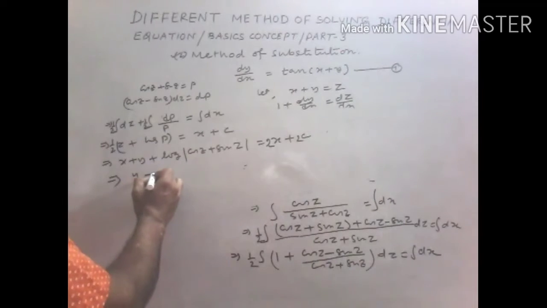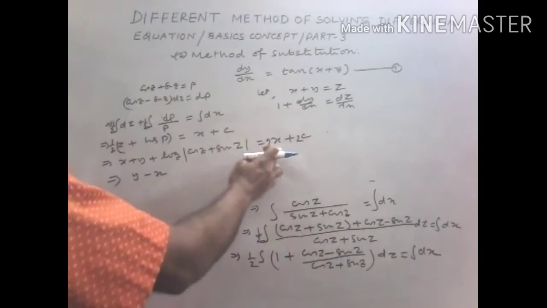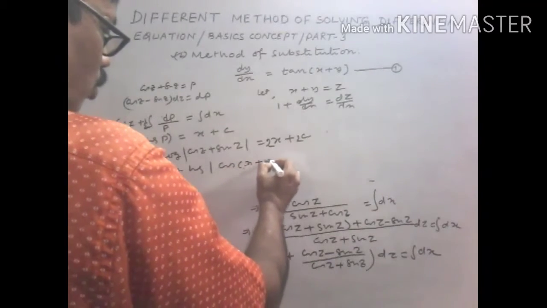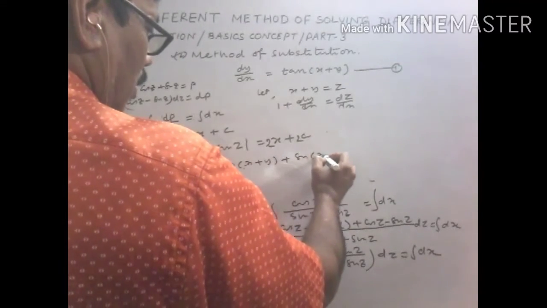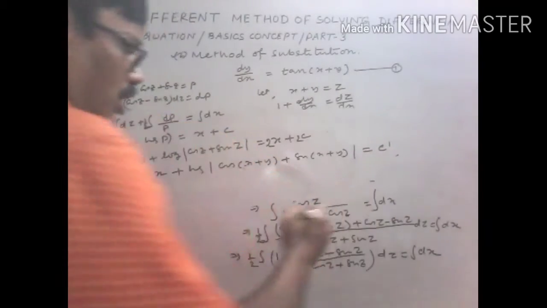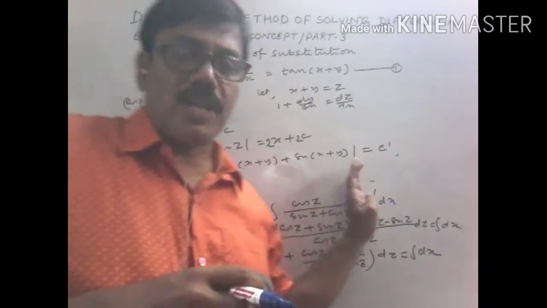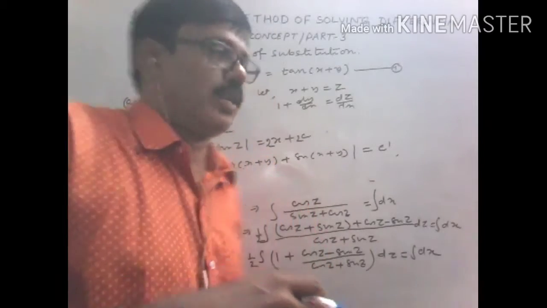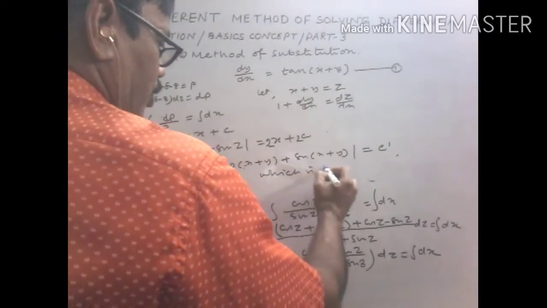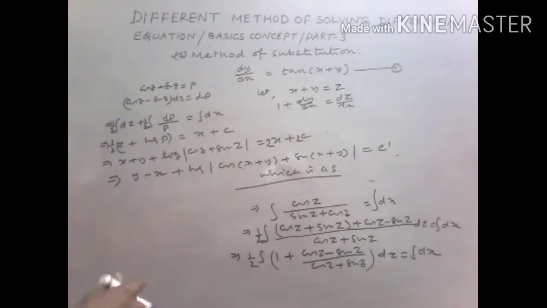So y minus x, 2x transferred to the left hand side: log(cos(x plus y) plus sin(x plus y)) equals c dash. You must put one constant on the right hand side, 2c equals c dash, which is the general solution.